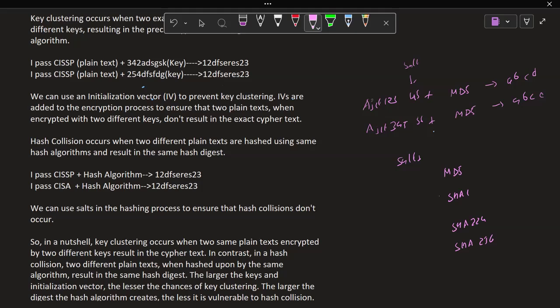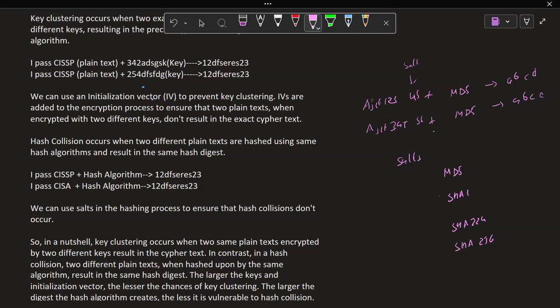So in a nutshell, what is key clustering? When two same plain texts are encrypted by two different keys and result in the same ciphertext. This is called key clustering. How can you avoid key clustering? By adding IVs, random numbers added to the encryption process to make it more random and reduce the chance of key clustering. And what is hash collision?